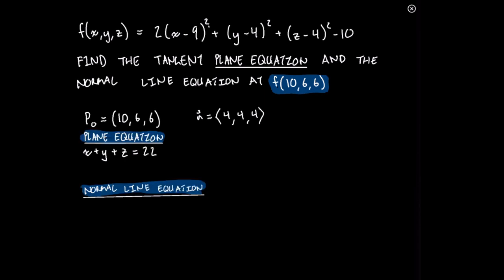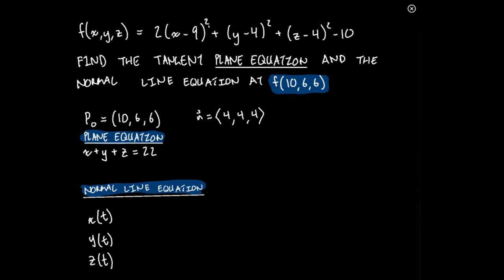So if you recall, for a line in 3D space, most of the time it's not actually going to be one equation. It's going to be a system of equations, an individual equation for each component of the point that comes out of the line. So for an x, y, z point that's going to be on this line, you have x of t, y of t, and z of t.